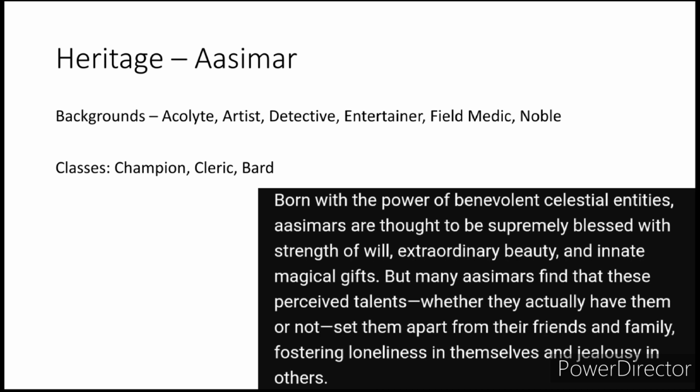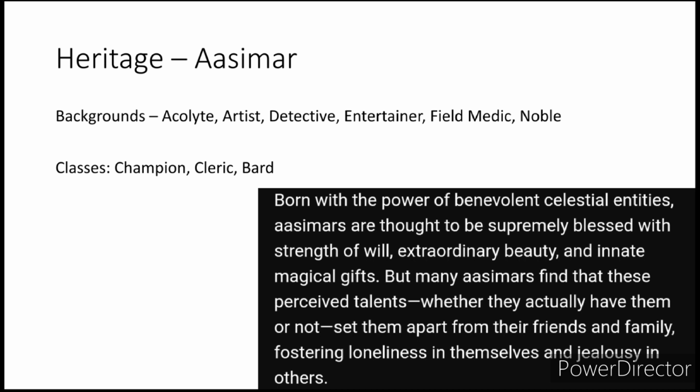Many Aasimar find these perceived talents, whether they actually have them or not, set them apart from their friends and family, fostering loneliness in themselves and jealousy in others. They want to be normal. They don't want to be gifted. They want to be like everybody else.